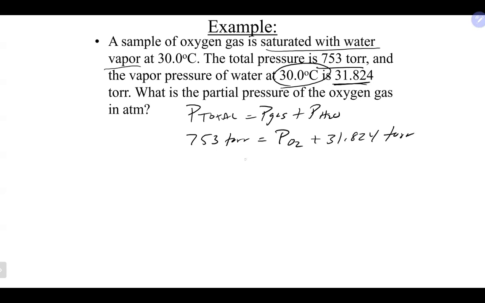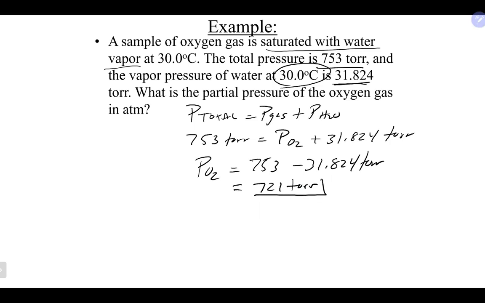And in this case, we could very easily solve for the partial pressure or the pressure of oxygen gas by taking 753 minus 31.824 torr in this particular problem. And that gives us about 721 torr. That would represent the pressure of the oxygen gas by itself without the water vapor.